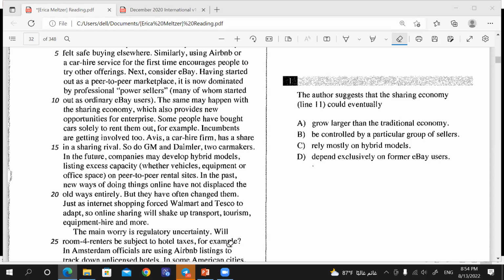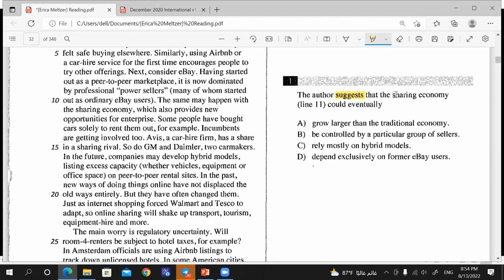Thank you so much. We're now going to try to approach answering this question. So the author suggests that the sharing economy. I'll highlight suggests to know that it might be a little challenging because it's an inference question, an indirect question.